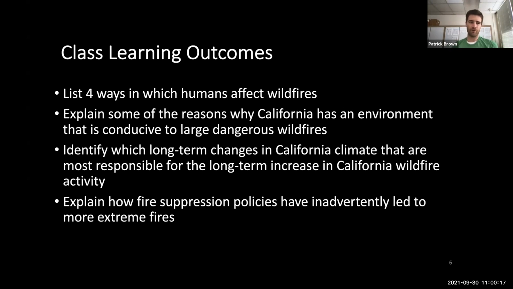I want you to make this connection between climate change and the increase in California wildfires that we've seen. So identify the long-term changes in California climate that are most responsible for the long-term increase in California wildfire activity. And then explain how fire suppression policies have inadvertently led to more extreme fires.